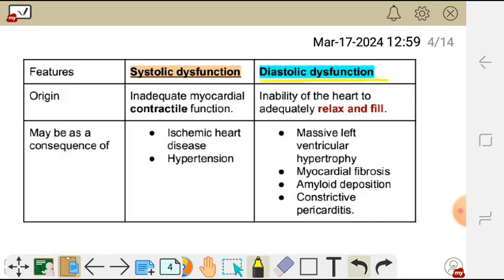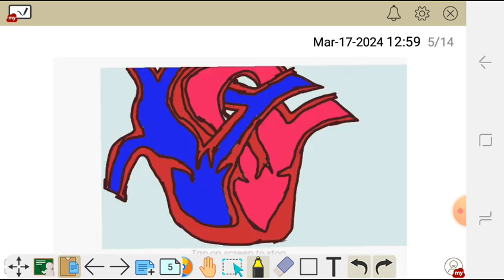So what is the cause of systolic and diastolic dysfunction? The cause of systolic dysfunction can be ischemic heart disease. In the left ventricle, the myocardium may not have a sufficient supply of oxygen to these cells, and they start dying.